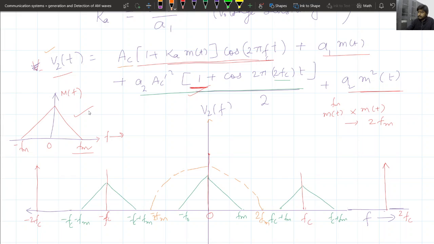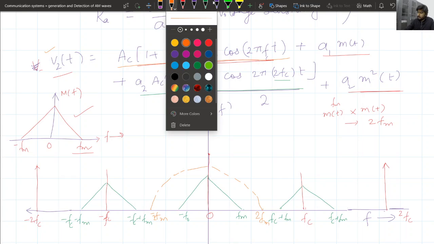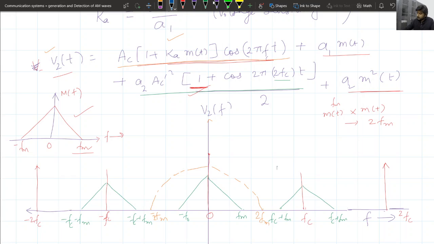Now all we are interested in is this signal. This is our signal of interest, which is present in this portion of the spectrum. So we will apply a band pass filter here of central frequency fc to obtain the desired modulated wave.